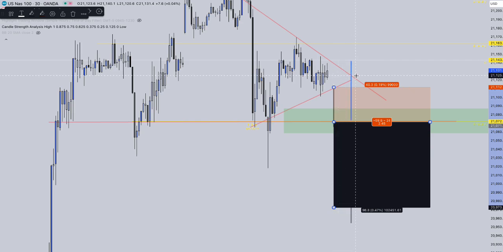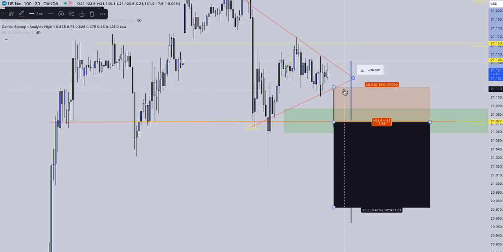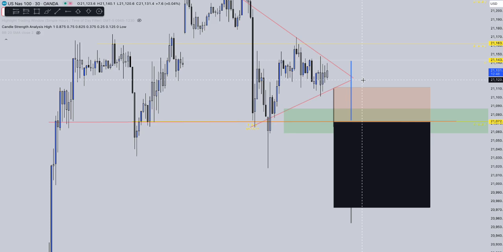Market open would be about there. I would think it'd be unlikely to go above that support line there.